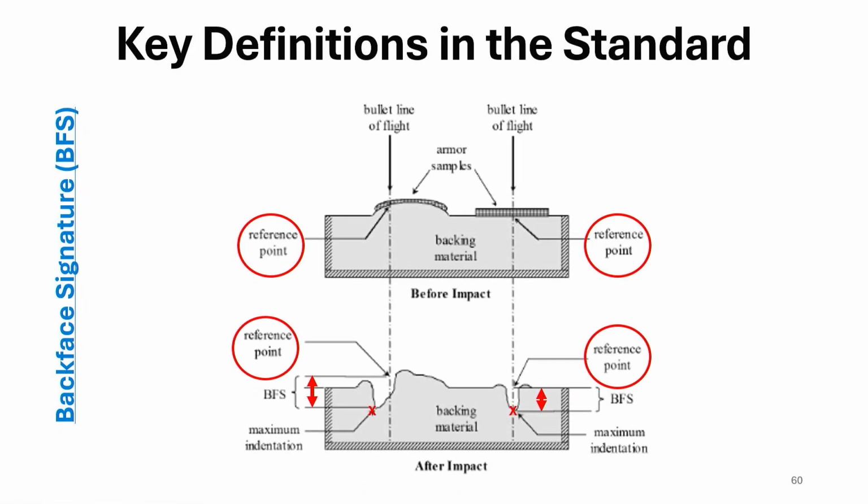This is the reference point, and this is the back face signature and the maximum indentation point. So the distance between the initial reference point and the maximum indentation point is the back face signature here.